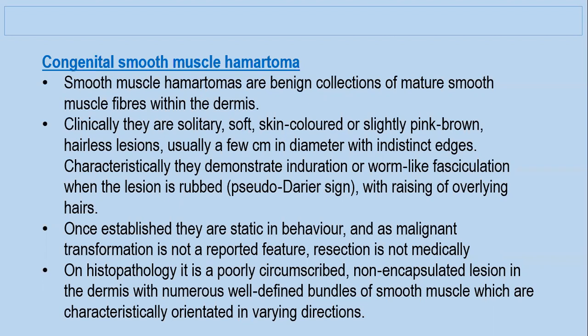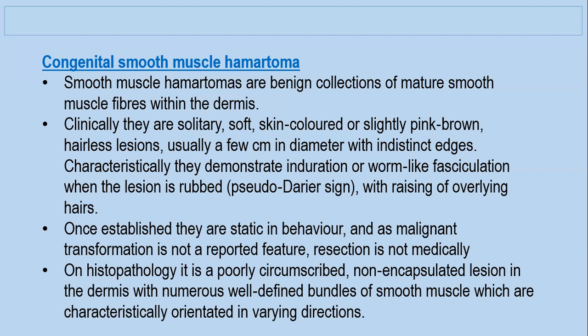Characteristically, they demonstrate induration or worm-like fasciculations when the lesions are rubbed, and this is called the pseudo-Darier sign, with raising of overlying thin hairs, goose pimple-like. Once established, they are static in behavior, and malignant transformation is not a reported feature, and resection is not medically required.